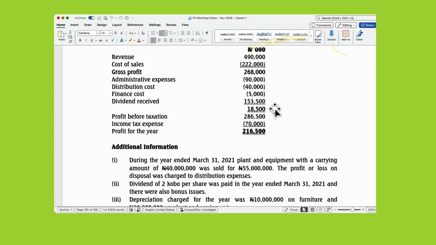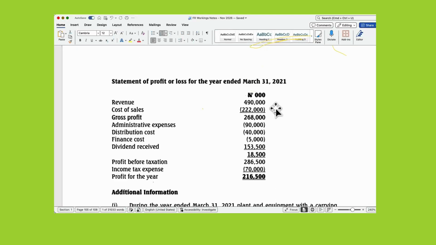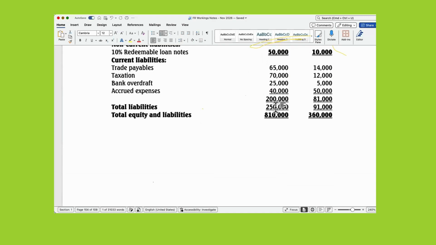If you get the dividend paid, that one will just go to financing. Dividend paid has nothing to do with movement in my share capital.